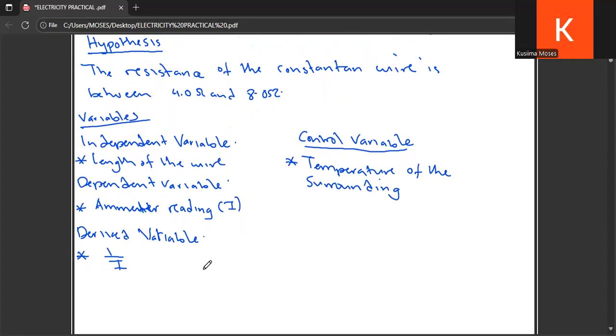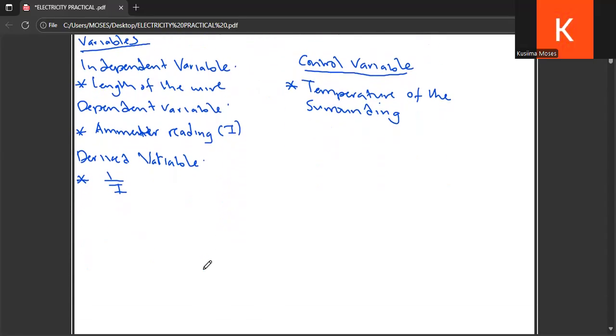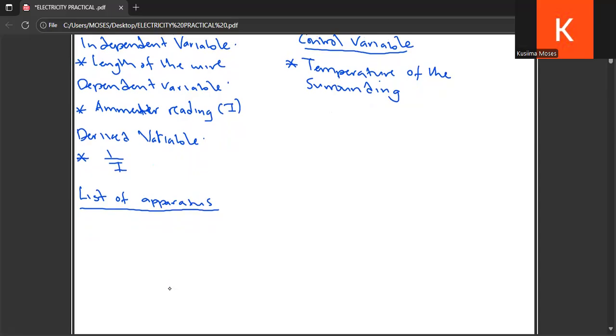When we're done with the variables, we shall come to the list of apparatus. Here, you must mention all the apparatus that you're going to use, and also give their purpose in this experiment.